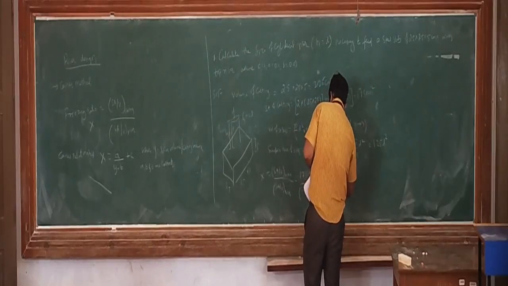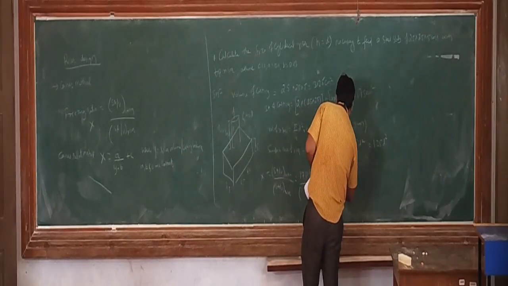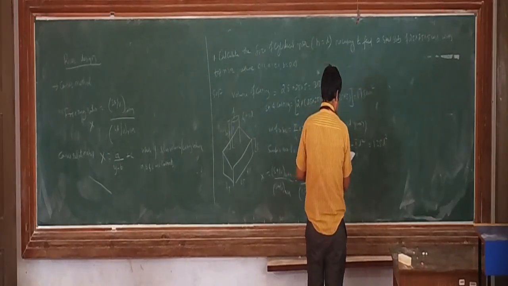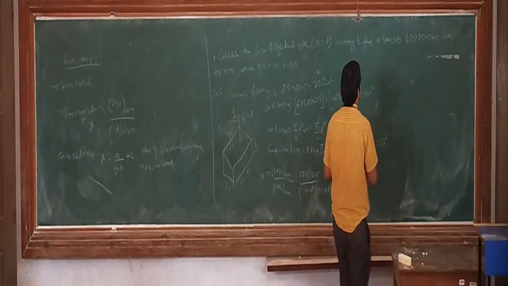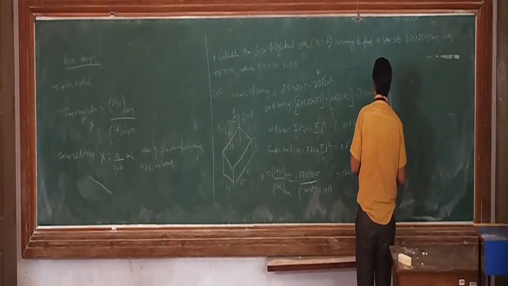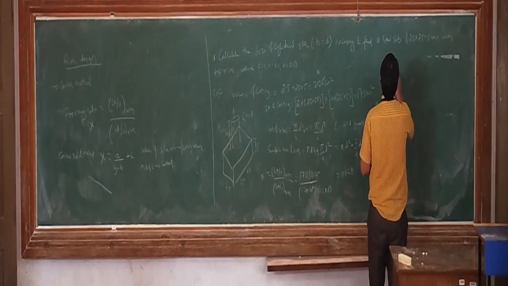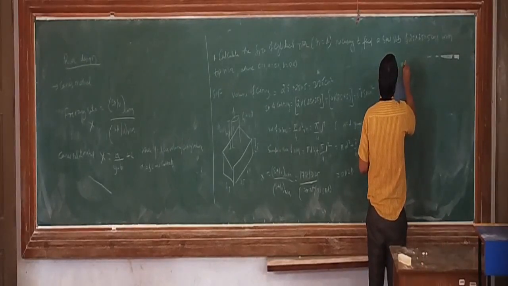So we get it as 0.112 d. Y is equal to volume of riser divided by volume of casting.